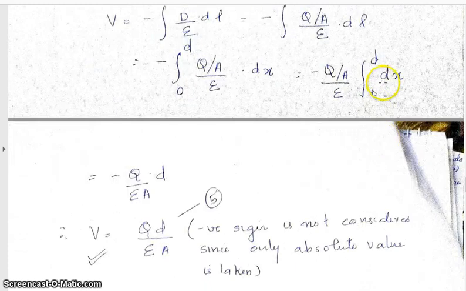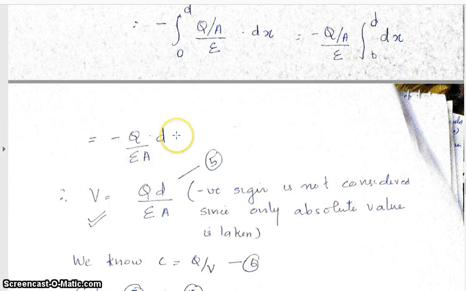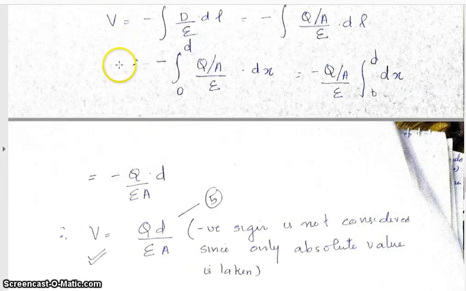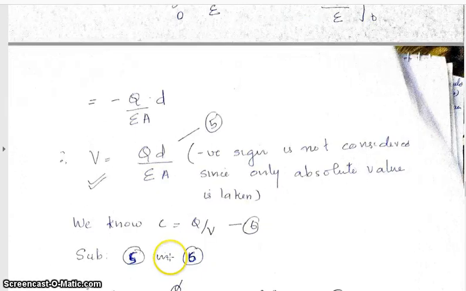Okay, if you integrate dx you will get x, then when you apply the upper limit and lower limit, finally you will get minus Q by epsilon A into d. So finally we will get V is equal to Q d by epsilon A. Actually this minus sign is not considered since only the absolute value is taken.